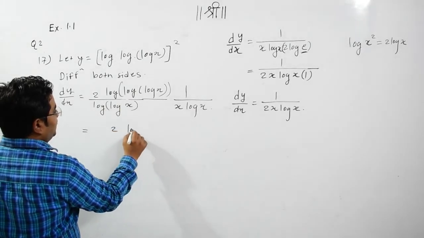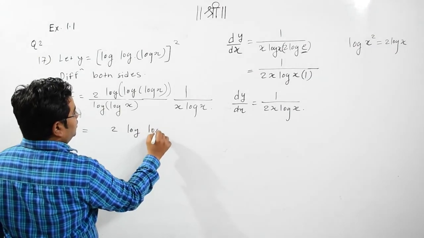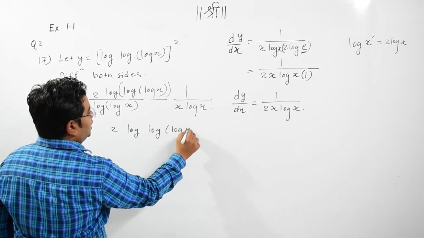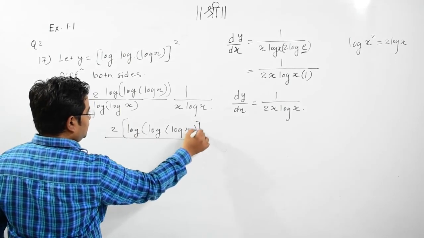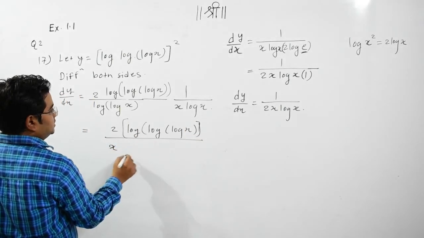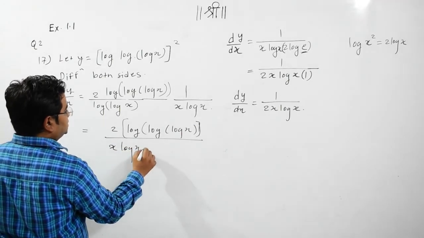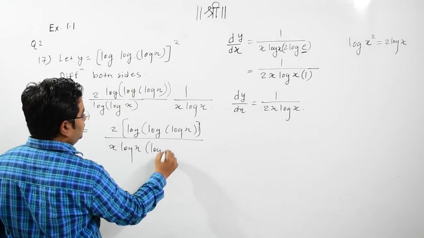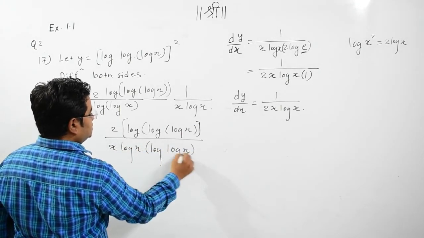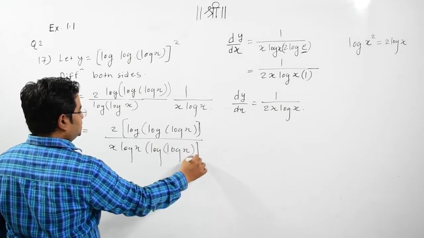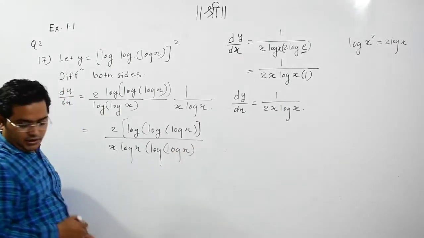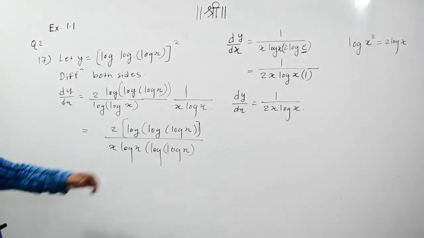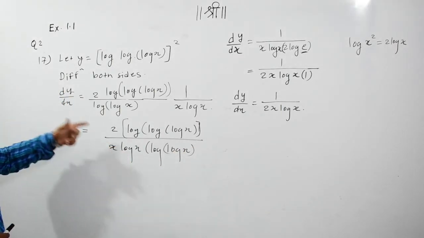Okay, that's how we are getting the final answer. So 2 log of log x divided by x log of x into log x. Very interesting. Just check whether our answer is correct or wrong. Okay, I did it in a hurry. Hope so I am correct, and that's how I'm correct.